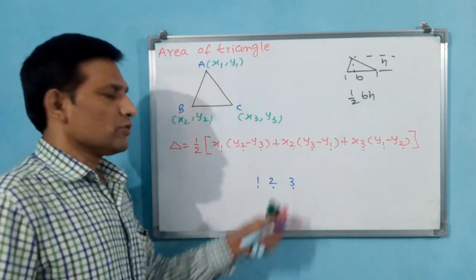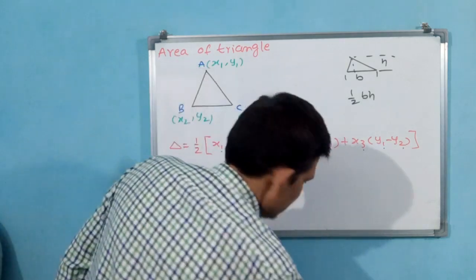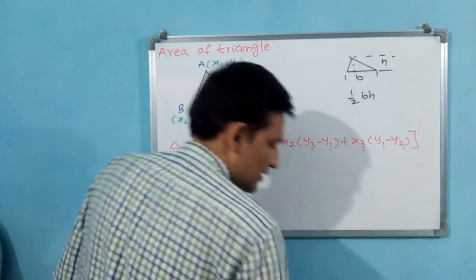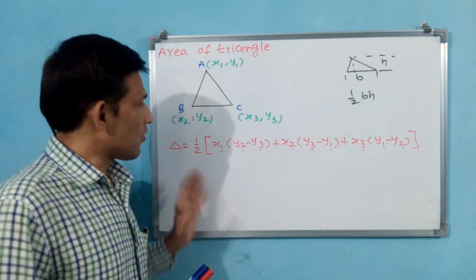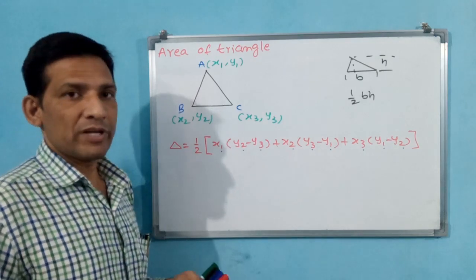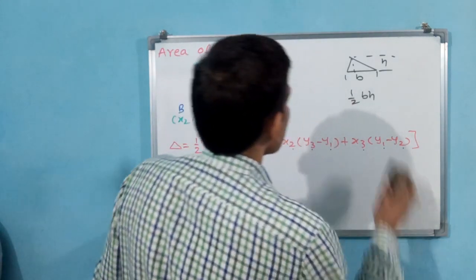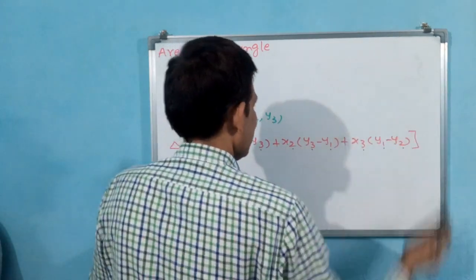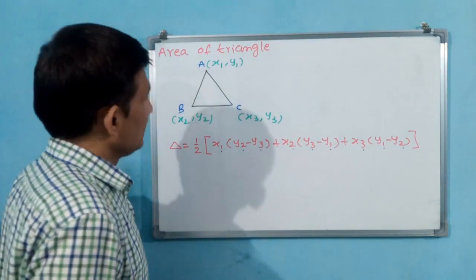Like this you can remember this formula. See, we are studying determinants, but this formula is from coordinate geometry. Why has it come? That means this formula also we can represent in a determinant. Let us represent. How to represent? You see, same I am writing as a determinant here. You see how I am writing.